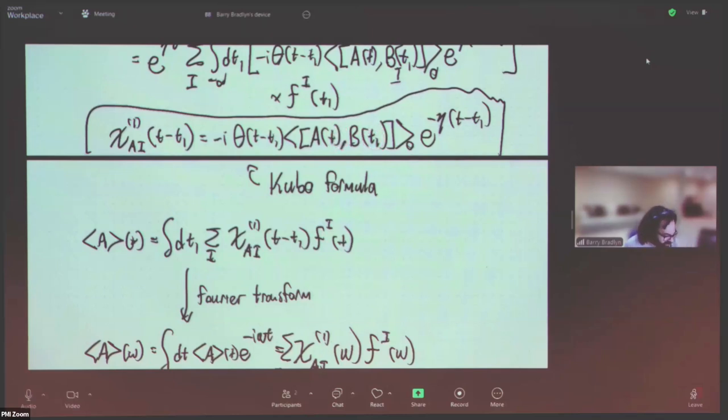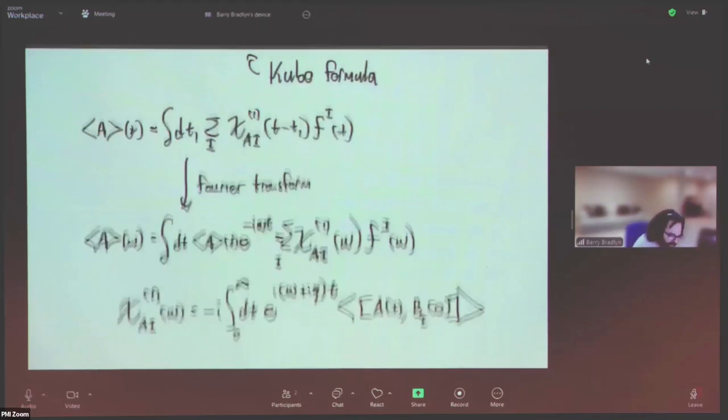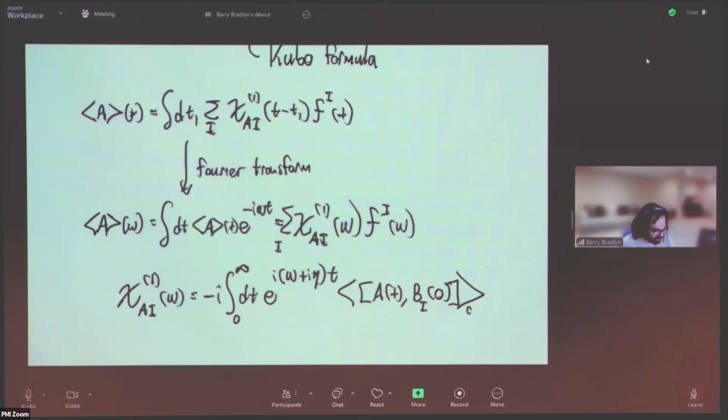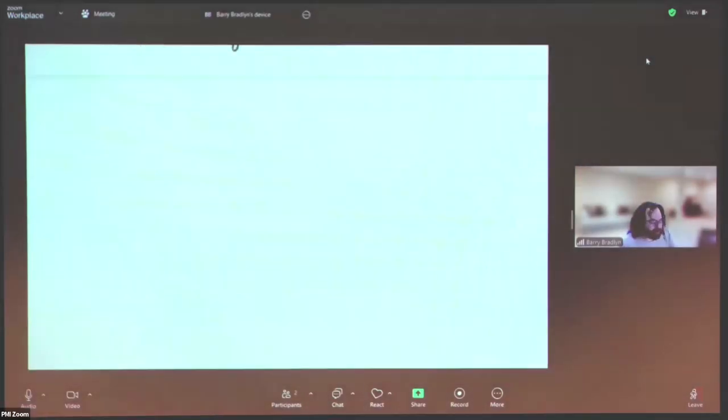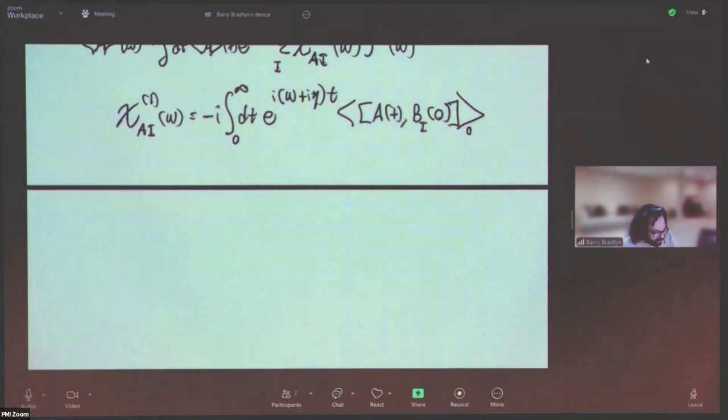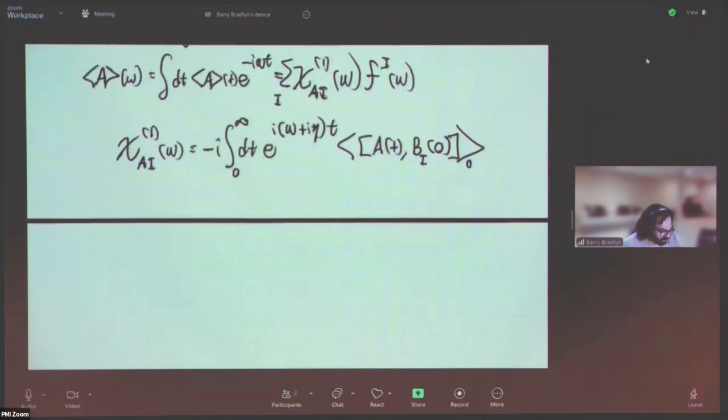So this is really A of t minus t1 and B of 0, evaluated at ground state, or equilibrium state. And it's helpful to define omega plus is omega plus I eta, and we'll put that in here and just write this exponential factor as e to the I omega plus times t.